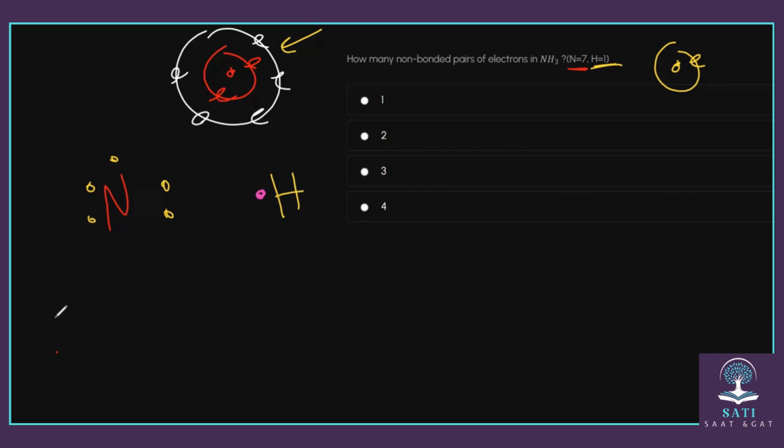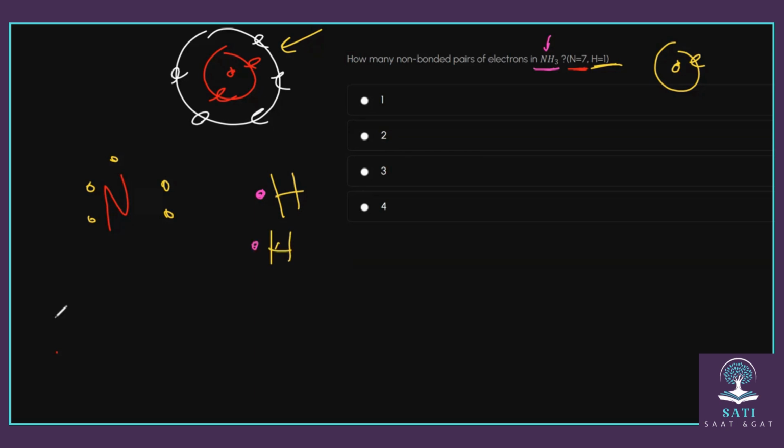Now, NH3 means 1 nitrogen and 3 hydrogens. This is the first hydrogen, and this is the second hydrogen, and it will have 1 dot as well.